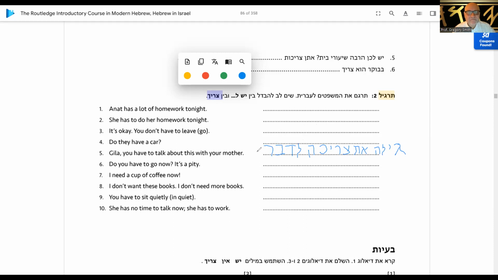Let's see here. I think the lamed is in with or on. So we could say la ima shalka. La ima shalka. How about that?